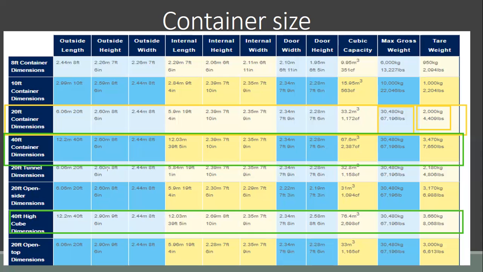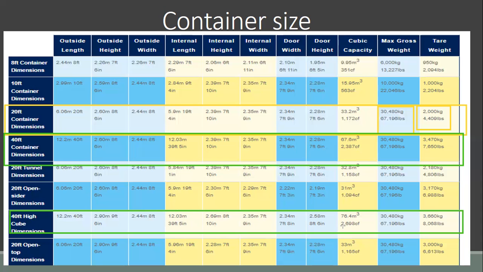The outside width is 8 feet, and the internal length is 39 feet, the total length. 8 feet is the internal height, 7 feet is the internal width, and the door width is 7, because of the opposite direction.